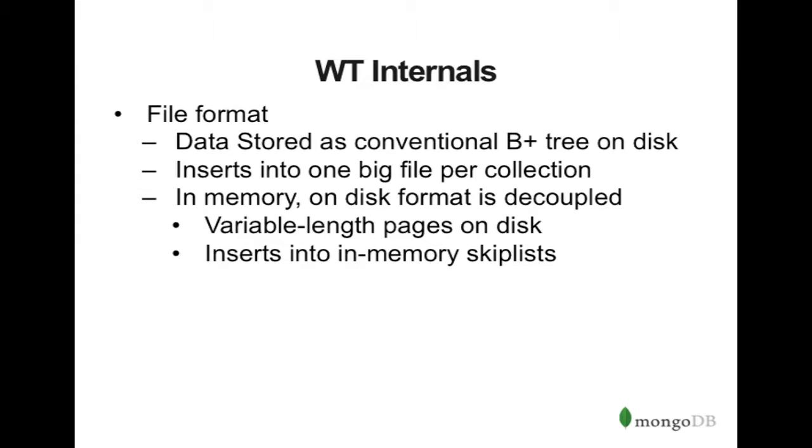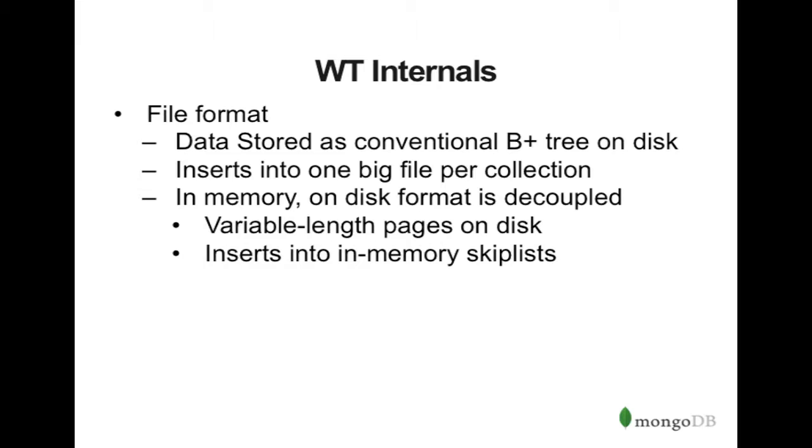Another massive difference is that mmap v1 is named that because it took advantage of the mmap system call to memory map files directly into memory. WiredTiger does not use this approach, but as a result, it means that the in-memory and on-disk format are decoupled.